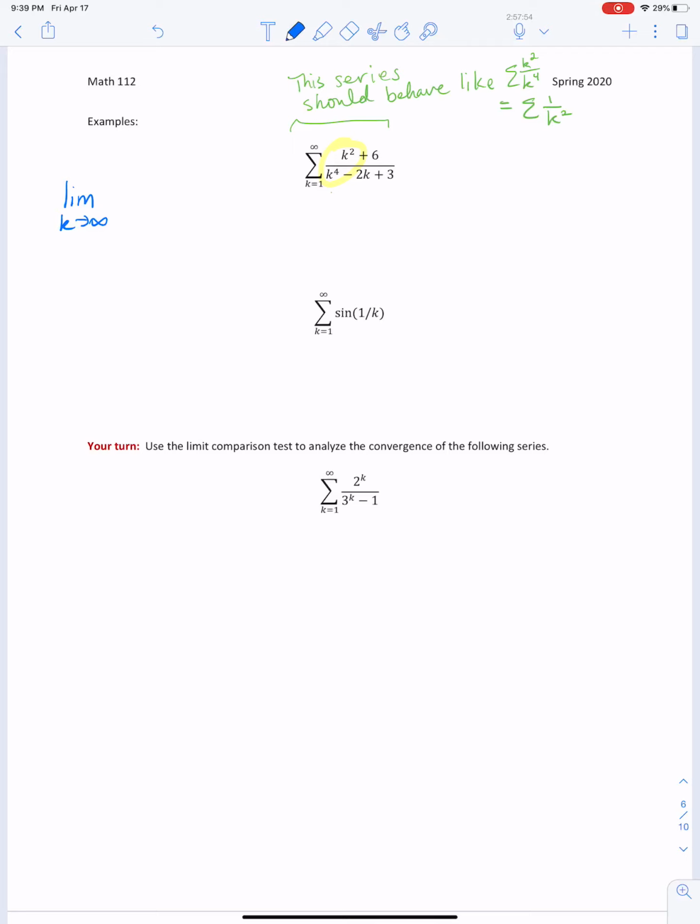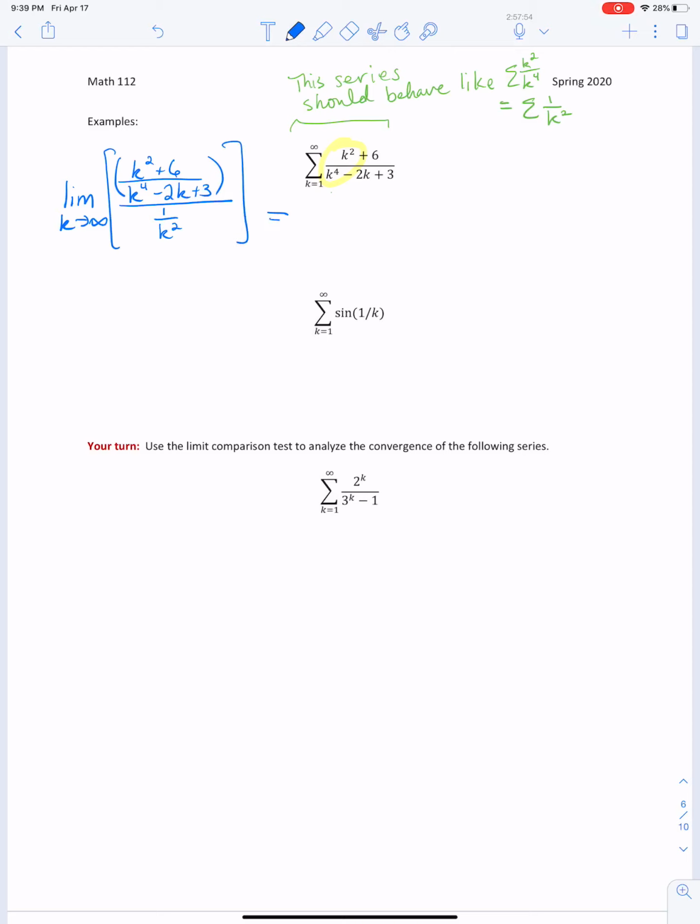So we'll just go ahead and use our series in the numerator. So we'll have k squared plus 6 over k to the fourth minus 2k plus 3. Okay, so this is our series, and then we need to divide by 1 over k squared. So this is the limit that we need to take.